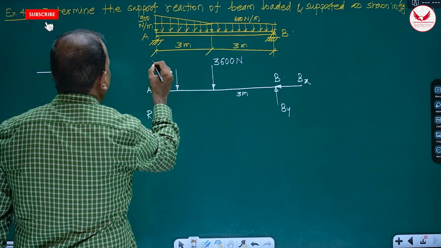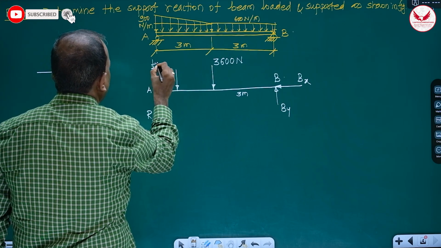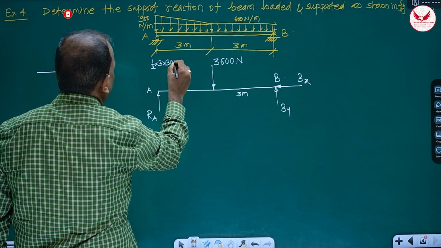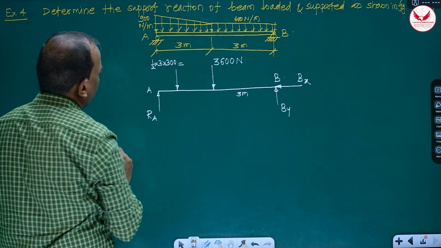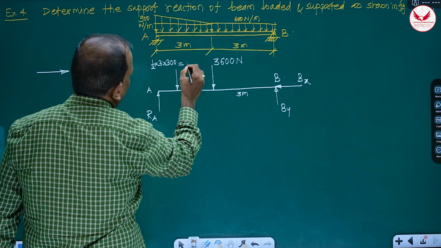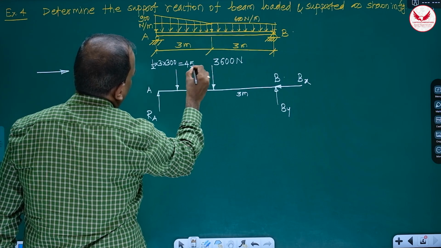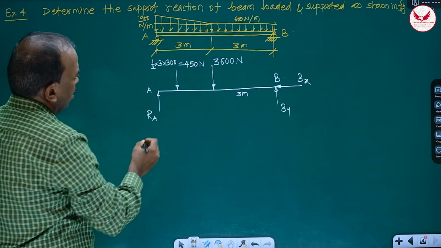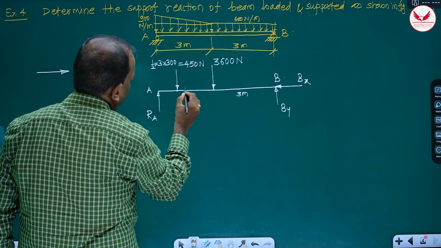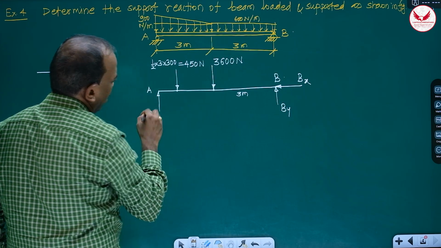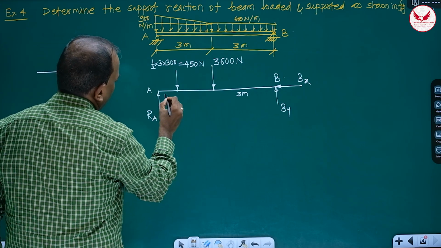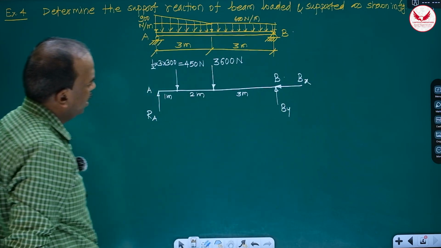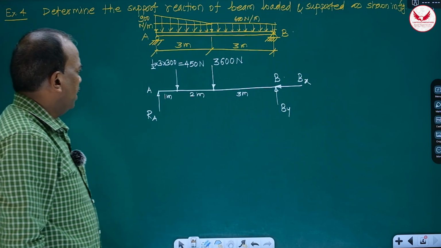So I'll write like this, half into 3 into 300. Actually this value is going to be 450 Newton. For your understanding, I have written like this. Means these are going to be 2 point loads acting like this. UDL or UVL you have to convert into point load. It is 1 meter, it is 2 meter, it is 3 meter, means overall length will be 6 meters.